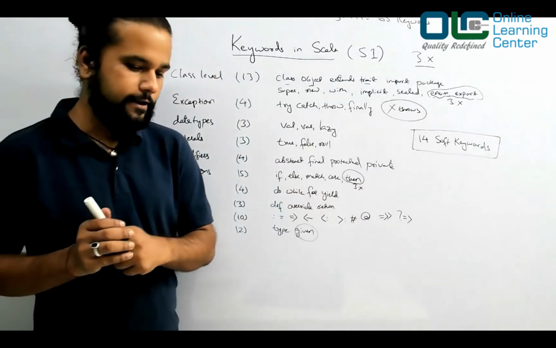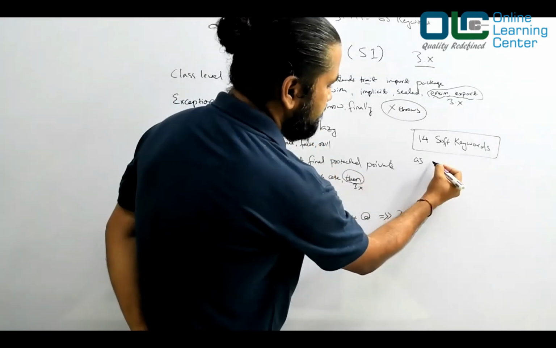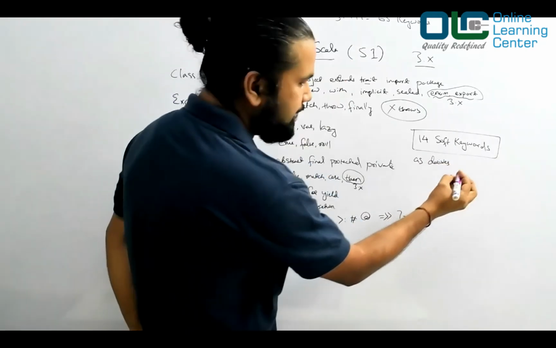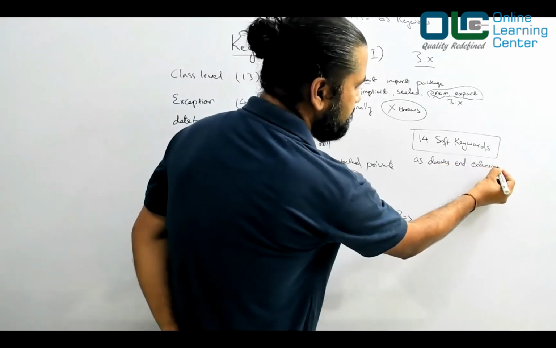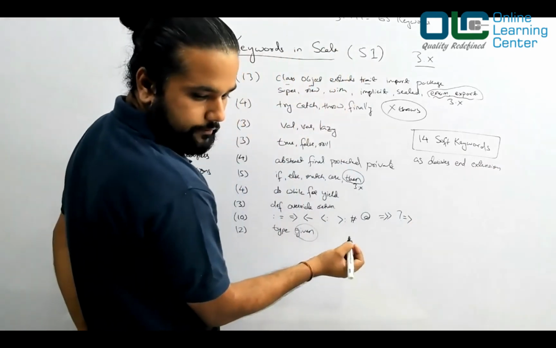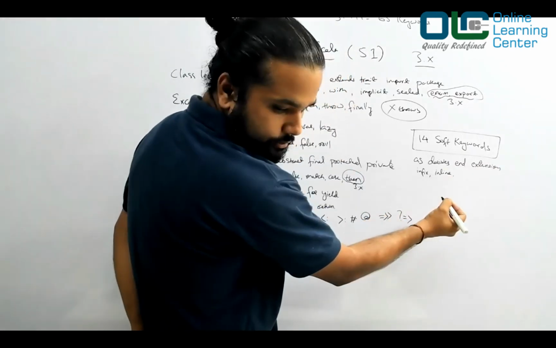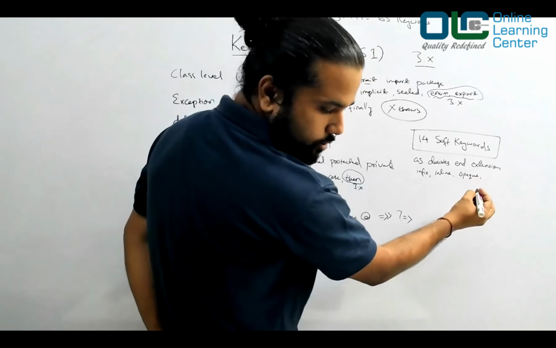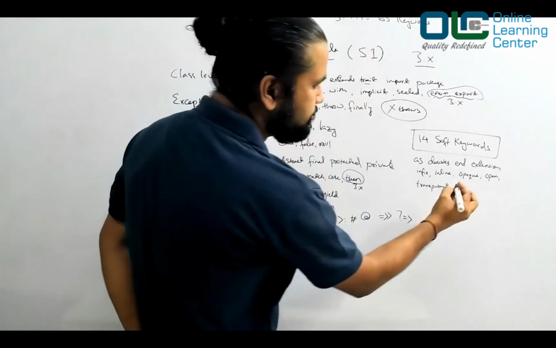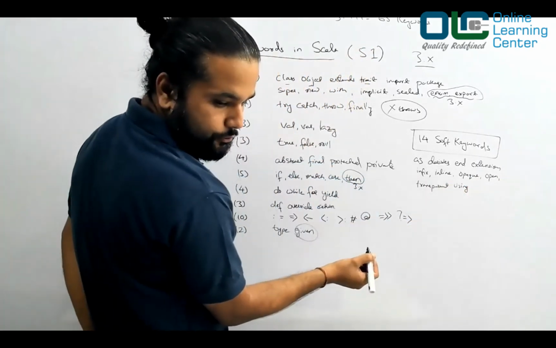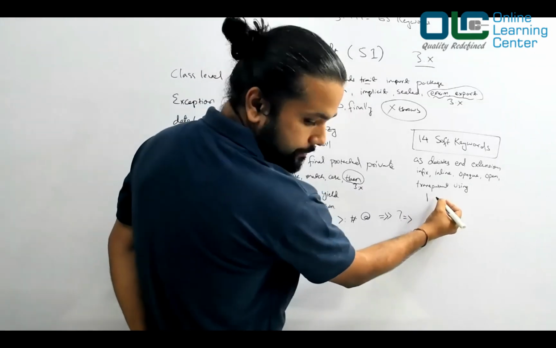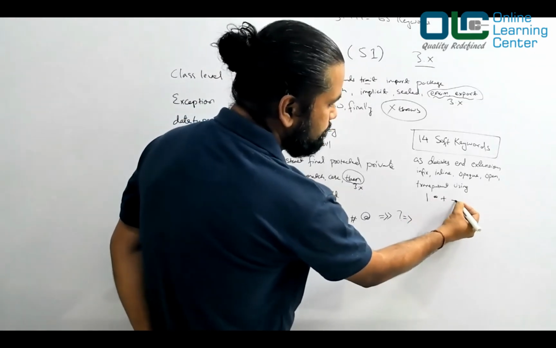So they are, let's say, as, derives, and extension. Let me write it down. And you have infix, inline, then you have opaque, open, transparent, using, and they've also given a few symbols like pipe, star, plus, minus.